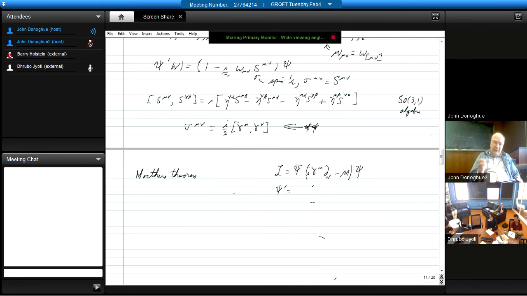So basically, psi prime of x prime is going to be some S times psi of x, where S is a transformation matrix. Since we're transforming the derivatives when we go to x prime, we have to transform the variables in order to make this an invariant.